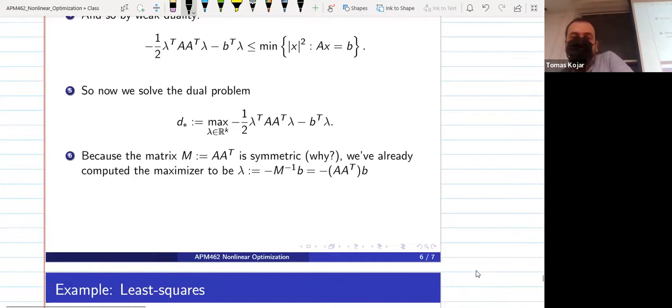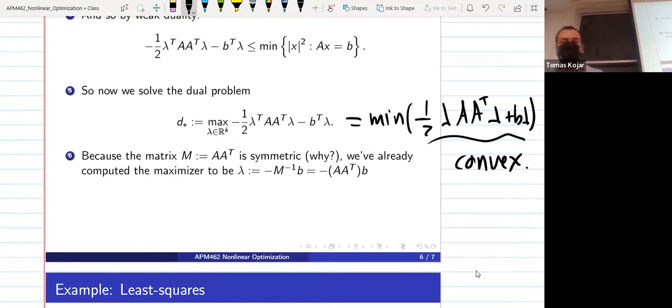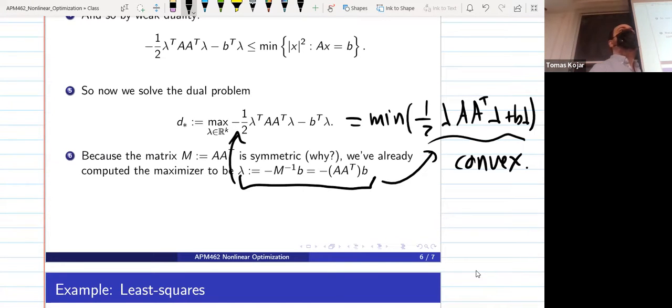This problem is just the minimum of half lambda A lambda plus b lambda. This is convex, and we found it before. Do you remember? This was the minimizer for this problem, or the maximizer for this problem. Same thing.